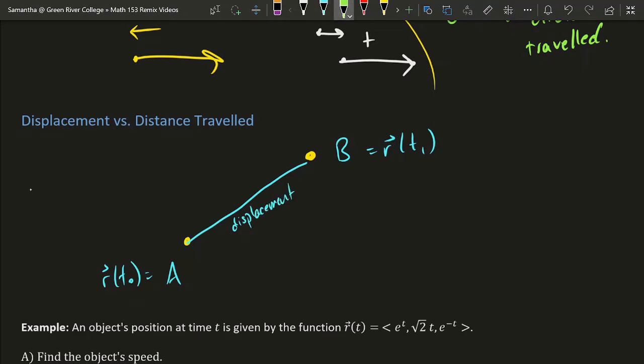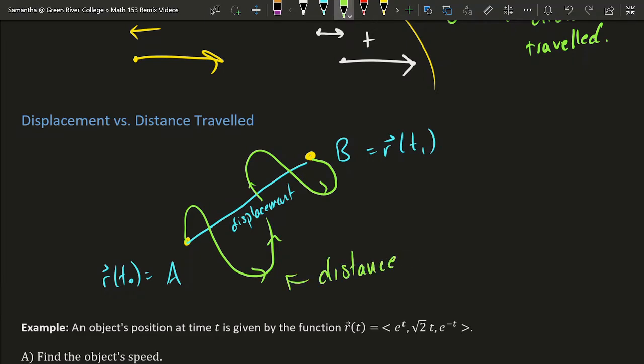However, if you didn't move in a straight line from point A to point B, if your path took you on a slightly different, less direct journey, it is distance traveled that accounts for this entire movement that you have done getting from A to B. Beginning and end, and everything in between.